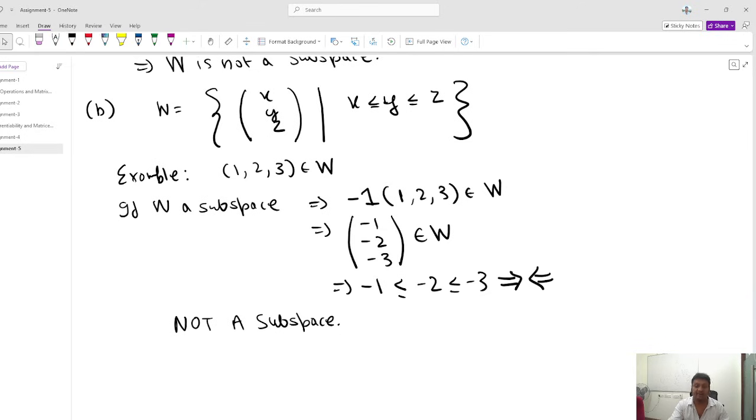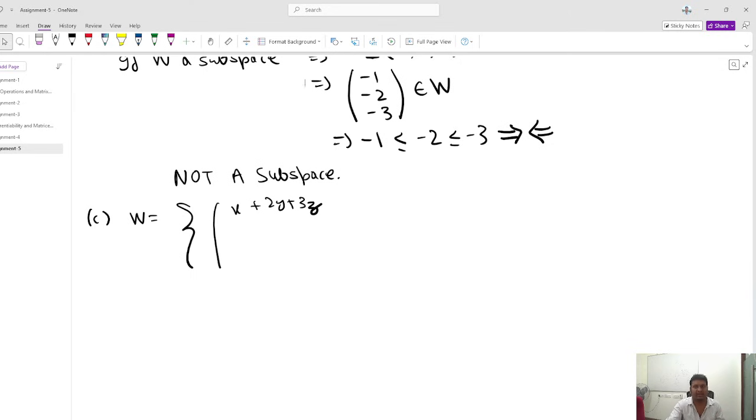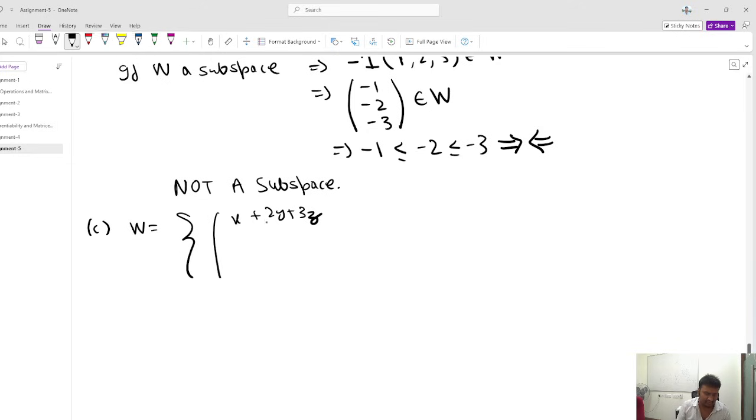Okay, let us do the C part. What you have given? You have given W is equal to (x + 2y + 3z, 4x + 5y + 6z, 7x + 8y + 9z). You can write it as a tuple, any way you like, but follow a standard way whenever you are doing.